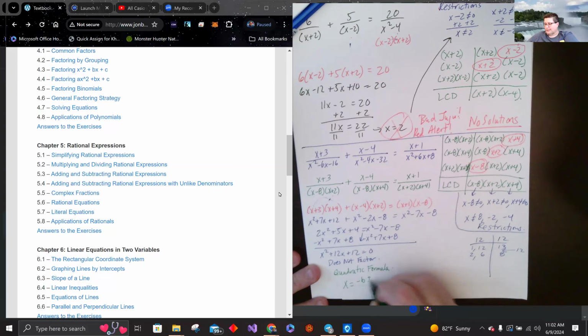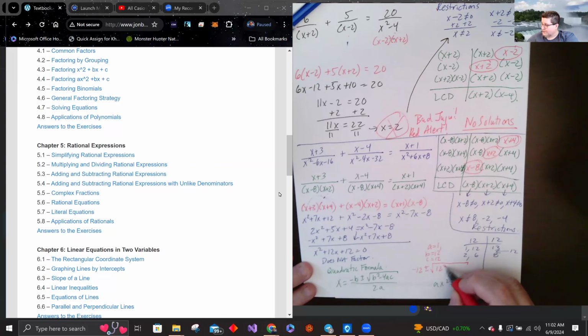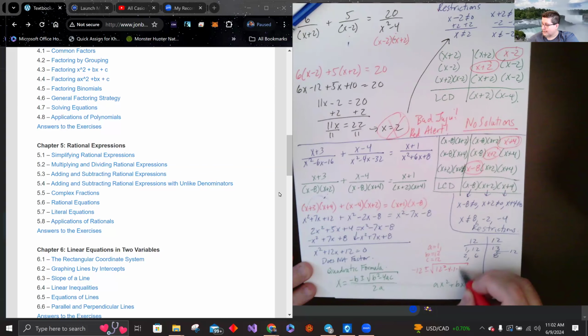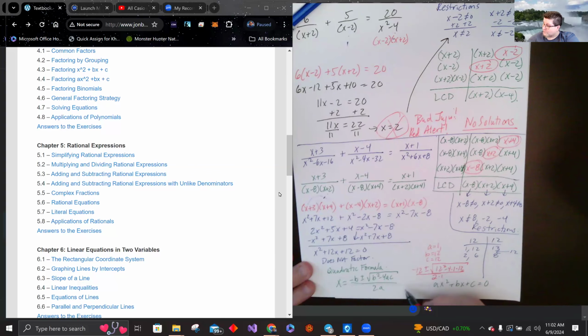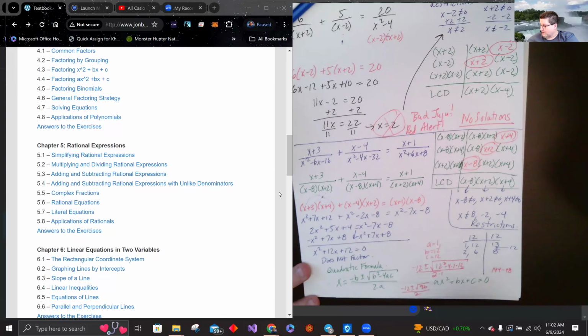So I'd have negative 12 plus or minus the square root of 12 squared minus 4 times a times c, all over 2 times 1. And we haven't covered radicals yet. This is 144 minus 48, which is 96 in there, which I know simplifies. But we haven't covered that.